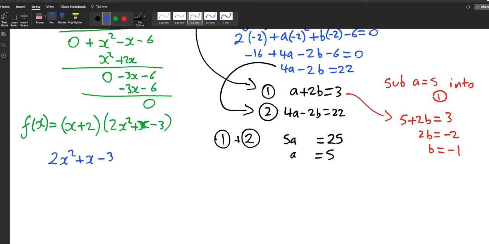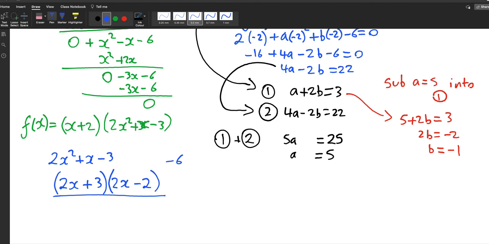We do 2 times minus 3, which is minus 6. Then we need to find two numbers that multiply to give minus 6 and add to give 1. Well, that's going to be plus 3 and minus 2. We're not doing that whole splitting the middle. No. Let's be sophisticated. Come on, guys. So 2x plus 3 in one bracket, and 2x minus 2 in another bracket.